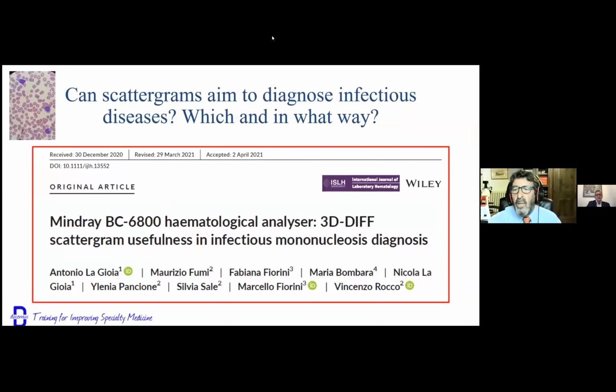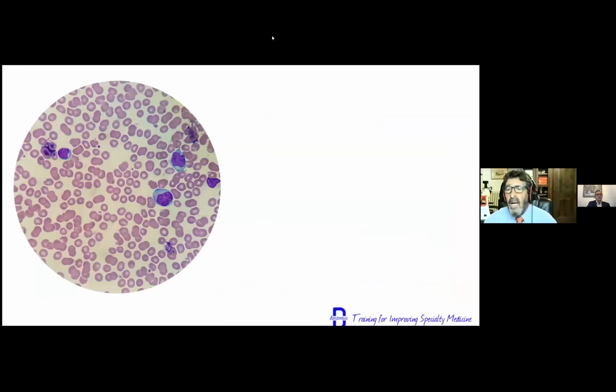Now, talking about the cases where I have direct experience, let's start with infectious mononucleosis that can be identified with the activated cells, the modified cells. In infectious mononucleosis, activated lymphocytes appear in the peripheral blood already during the first week of the infection.